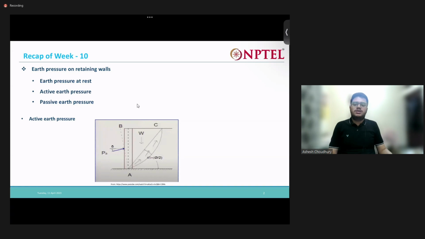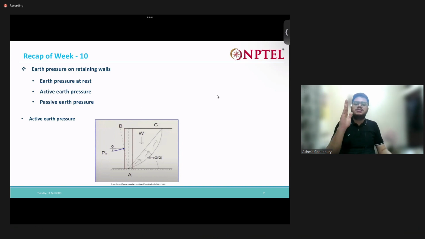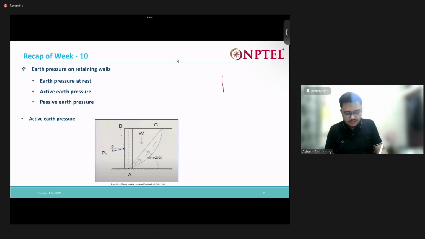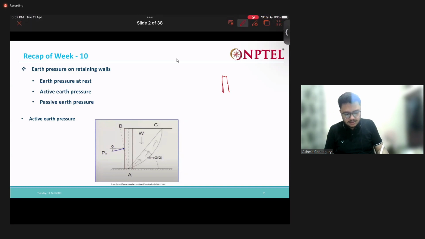So the retaining wall is retaining a certain amount of soil, and there is no movement of the retaining wall. Say this is the wall, and soil is there. This is fixed here, and the retaining wall is also fixed at the top.